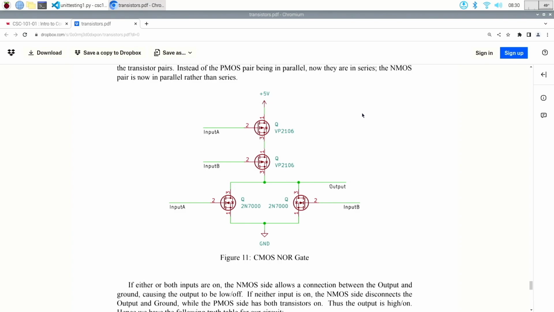Because if input A is off, what does that do to the transistor? It keeps it on. The P types, remember, are backwards of what you think. So when can we go from 5 volts straight to the output? What has to be true about both input A and input B? They both have to be off.